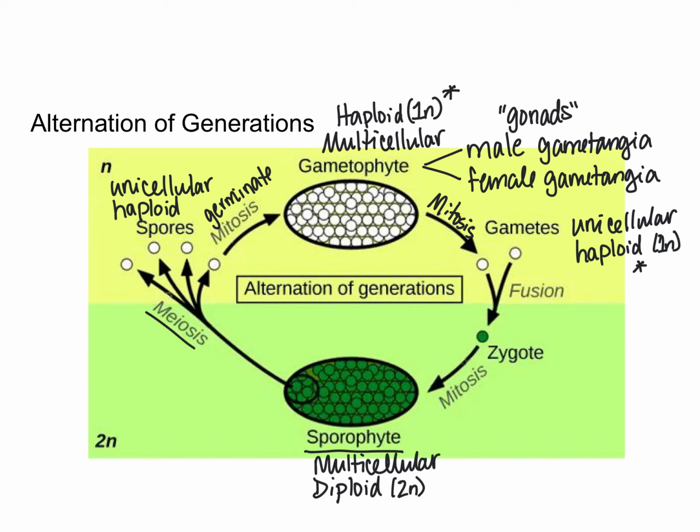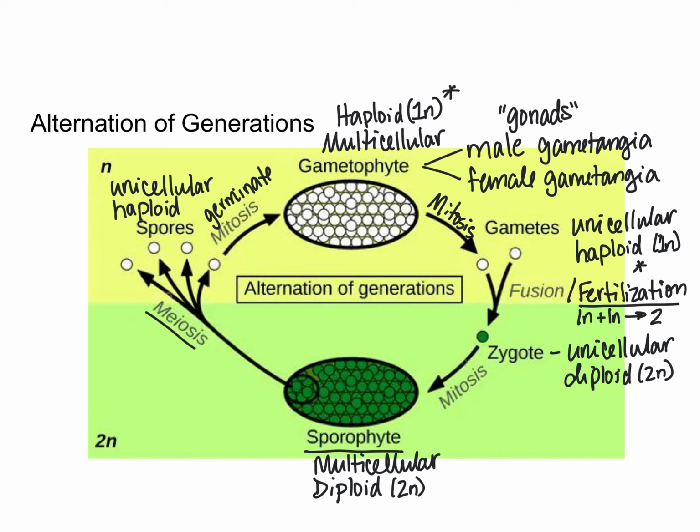When the gametes fuse during fertilization, they form a zygote, which is unicellular, so a single cell, that is now diploid. So fertilization can take 1N plus 1N and make it 2N.